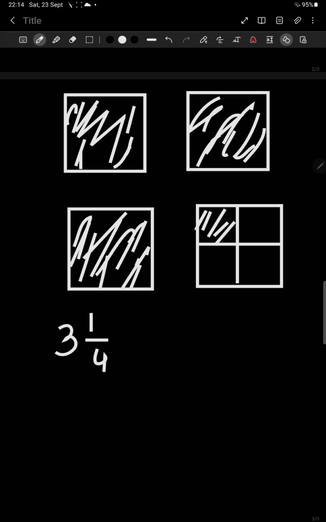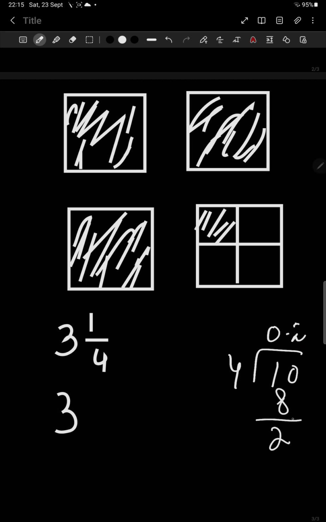Now, converting this, what do we need to do? We will write 3 wholes, and then we will convert this 1/4 into the form of a decimal. So 1 will be inside and 4 outside. So 0 and a decimal point, putting 0 over here. 4 2s are 8.